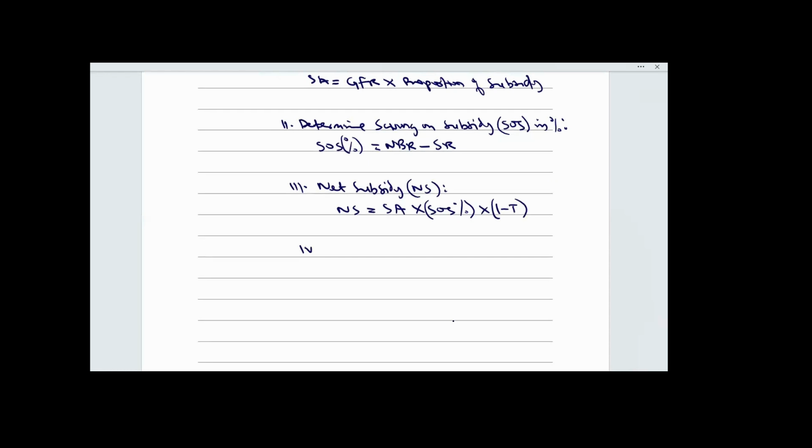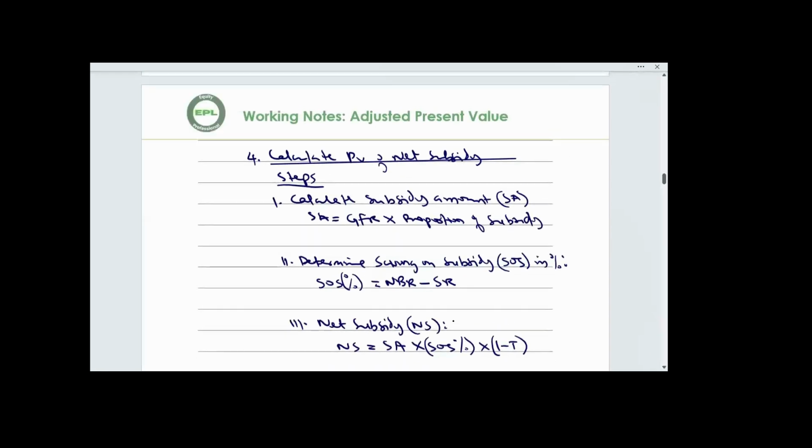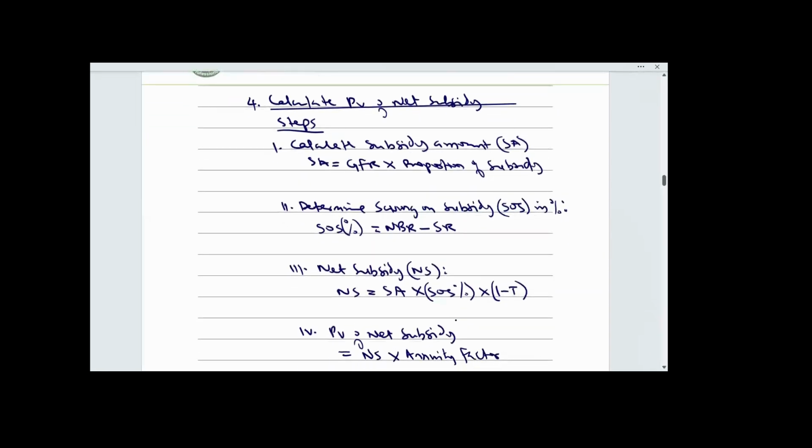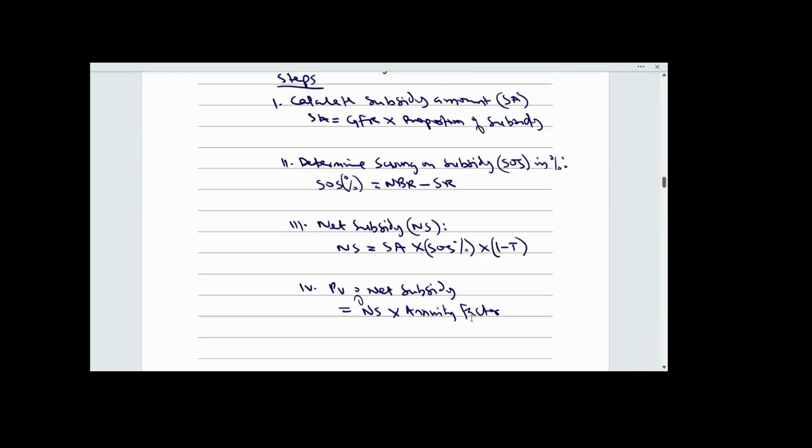Finally, step 4, you calculate PV of net subsidy. PV of net subsidy is equal to the net subsidy multiplied by annuity factor. So these are the 4 procedures you carry out anytime you want to calculate the PV of net subsidy.